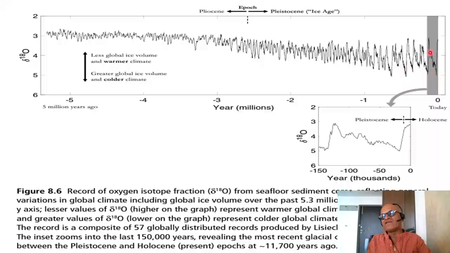But if you look at the beginning of the last ice age around 150,000 years ago, you are going from warmer to greater global ice volume and colder climate, to deglaciation, and then the slow cooling over these periods to about 21,000 years ago when the ice age peaked, and then we abruptly came out of it into the Holocene, when modern human beings as agriculturalists emerged. So the end of the Pleistocene and beginning of the Holocene is somewhere around 11,700 years ago.